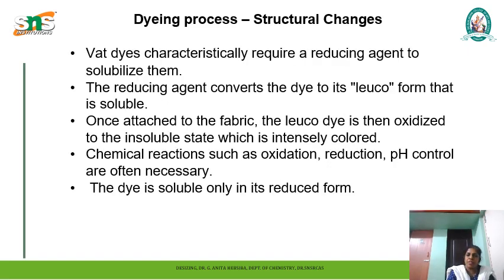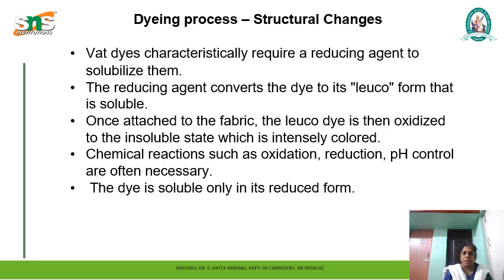What are the structural changes taking place in the VAT dye during the process of dyeing? Here, as I told you earlier, VAT dye is insoluble in water, and the initial form is called the leucoform. Now we have to convert the insoluble leucoform to a reduced soluble form.